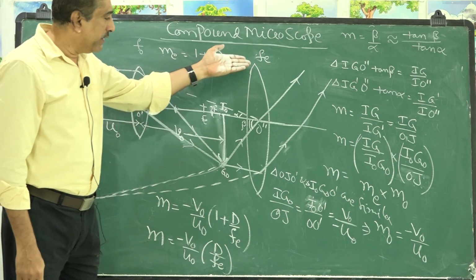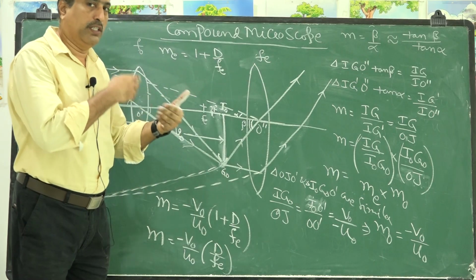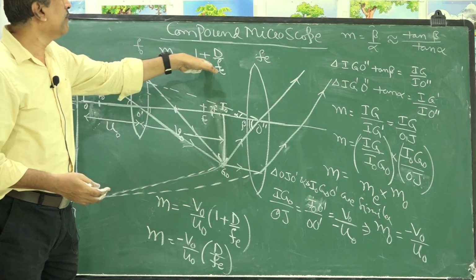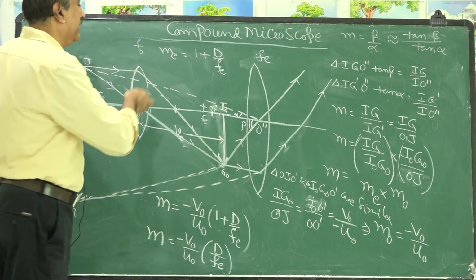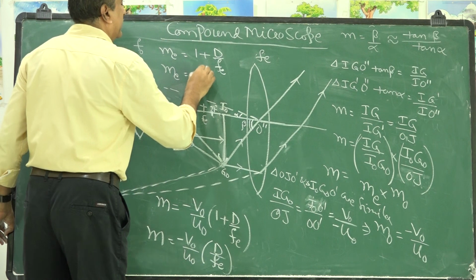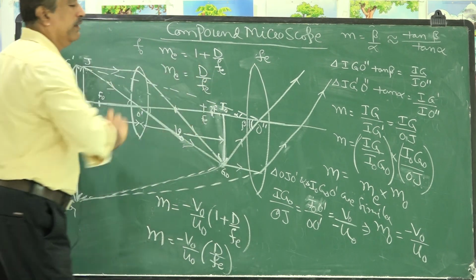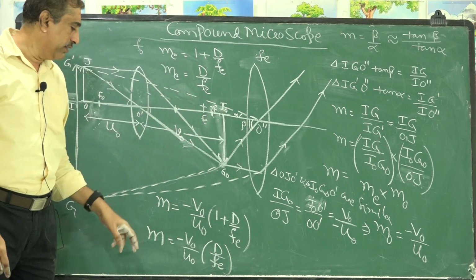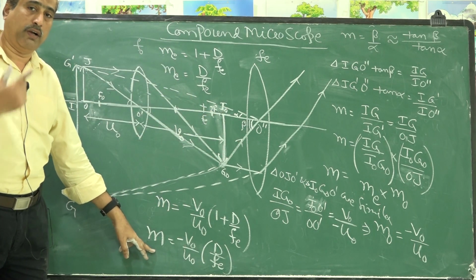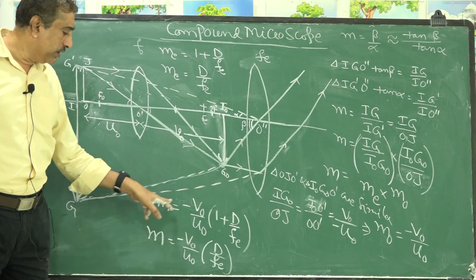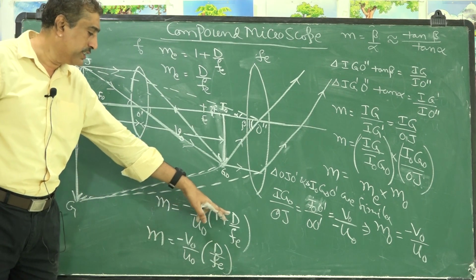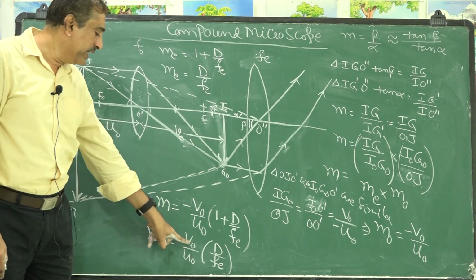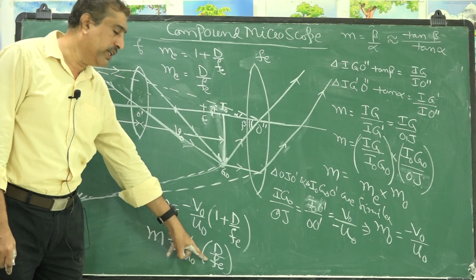The magnifying power of the eyepiece is similar to that of a simple microscope, so we can directly write Me is equal to 1 plus d by Fe when the image is formed at the least distance of distinct vision, and this is simply equal to d by Fe when the image is formed at infinity. Substituting these two equations, we get the final magnifying power of a compound microscope as m is equal to minus V naught by U naught into 1 plus d by Fe when the image is formed at the least distance of distinct vision, and m equal to minus V naught by U naught into d by Fe when the image is formed at infinite distance.